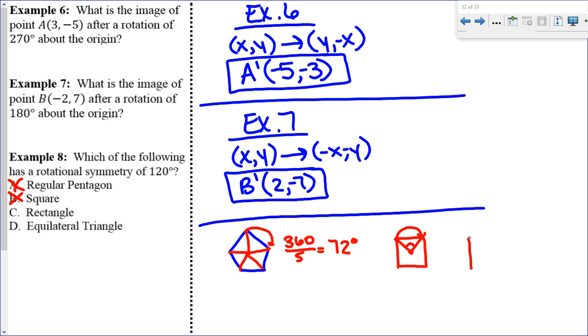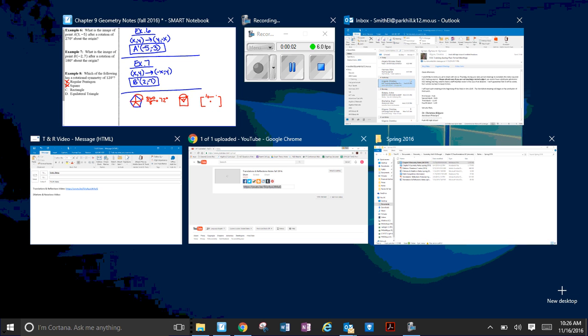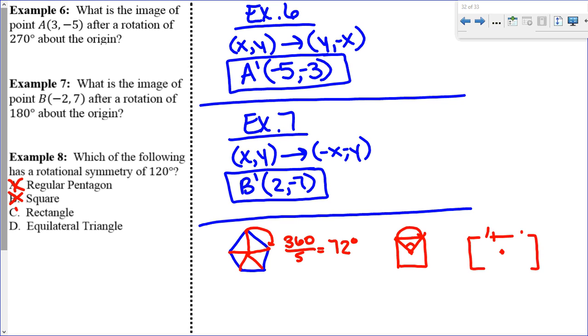A rectangle, since it is not congruent on all sides, has a 180-degree rotation about the center point. Because if I just did 90, then it would be this figure straight up and down like this, which is not what we want. So not a rectangle. And so the one that's left is an equilateral triangle.